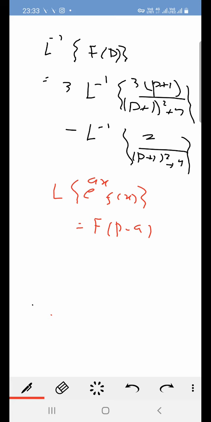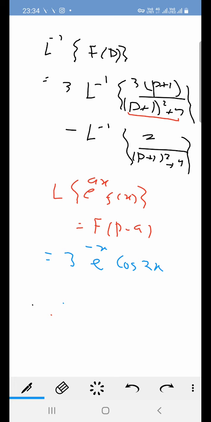So using this, the first expression turns out to be equal to 3 into e to the power minus x into cos 2x.